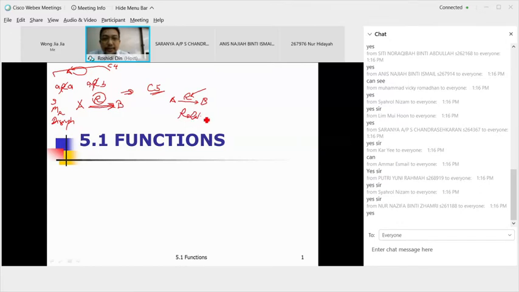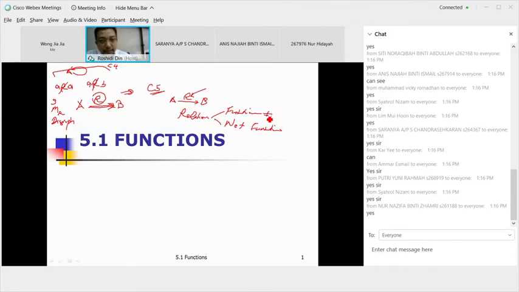Any relation can be either a function or not a function. So in other words, once we talk about any function, actually we talk about relation. But once we talk about relation, sometimes it is a function, sometimes it's not a function.